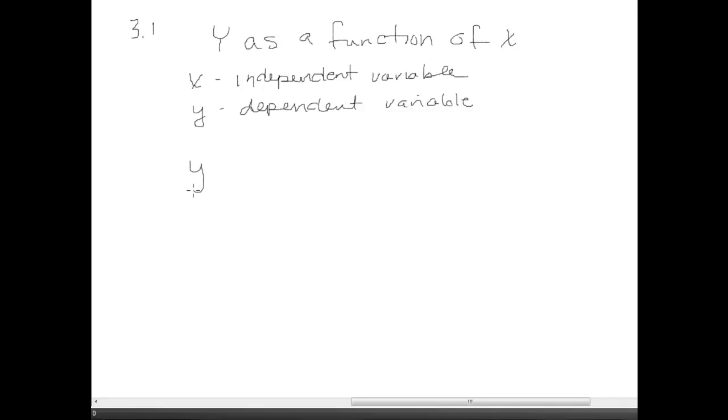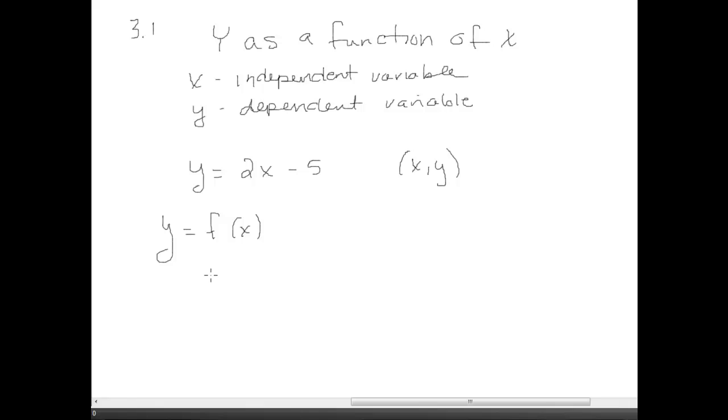Again, because y depends on the value of x. So, in the past, we've been looking at, for example, lines, something like y equals 2x minus 5. When we go to graph that line, we look at the xy points associated with that line. Well, now we're going to move more onto function notation. So y is f of x. You will often see y and f of x used interchangeably.